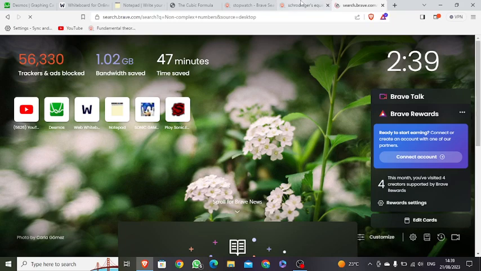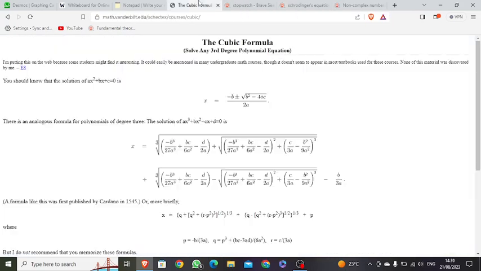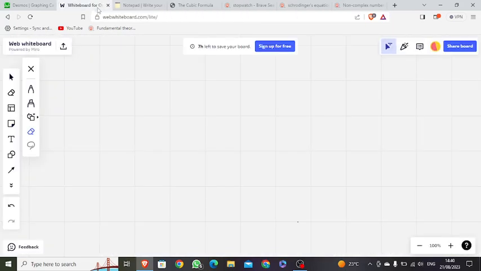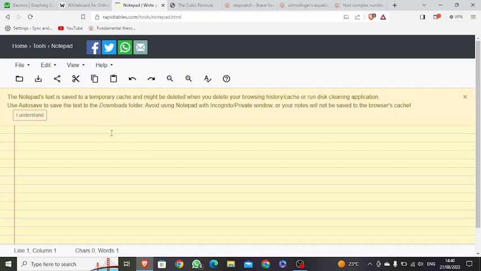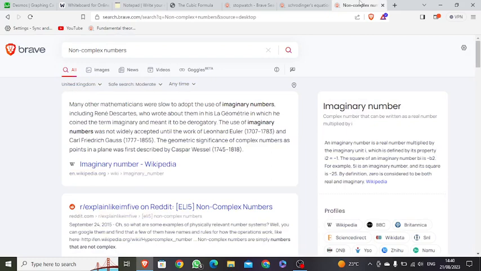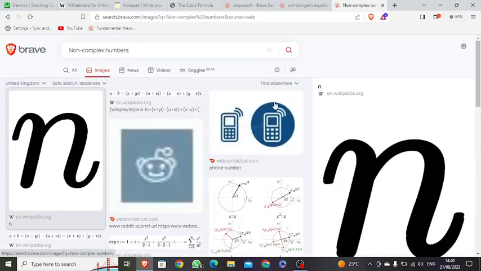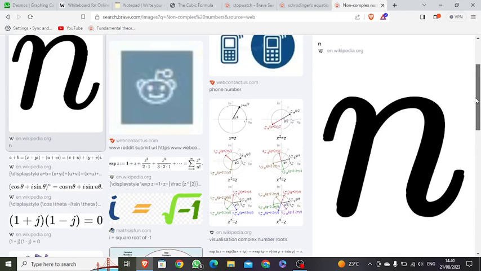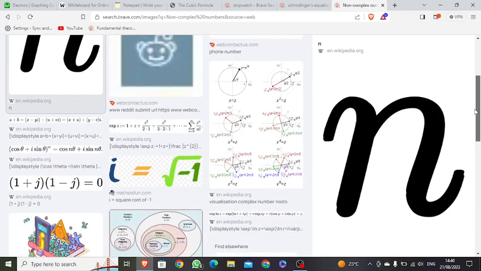Oh, and a complex number is basically, what you can do to make a complex number is you can say i plus 2, for instance, is a complex number. Okay, so this is an imaginary number. Non-imaginary. The reason I'm not saying real is because technically negative numbers don't add to the real set.